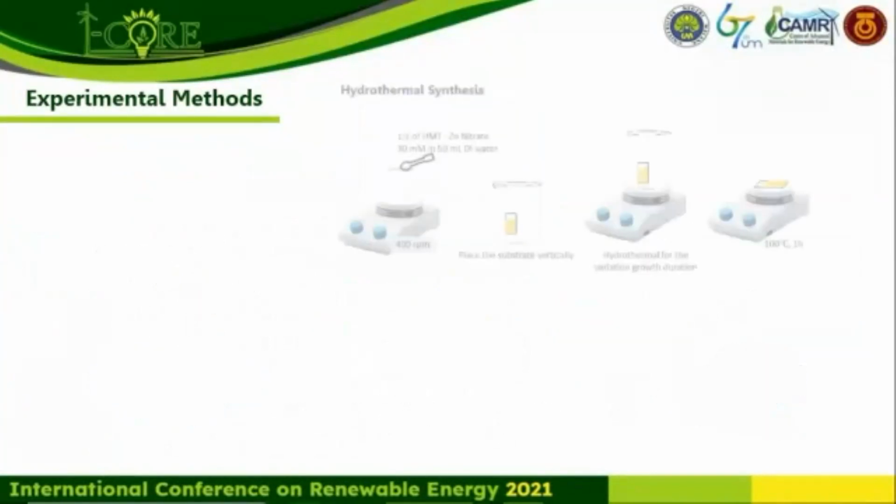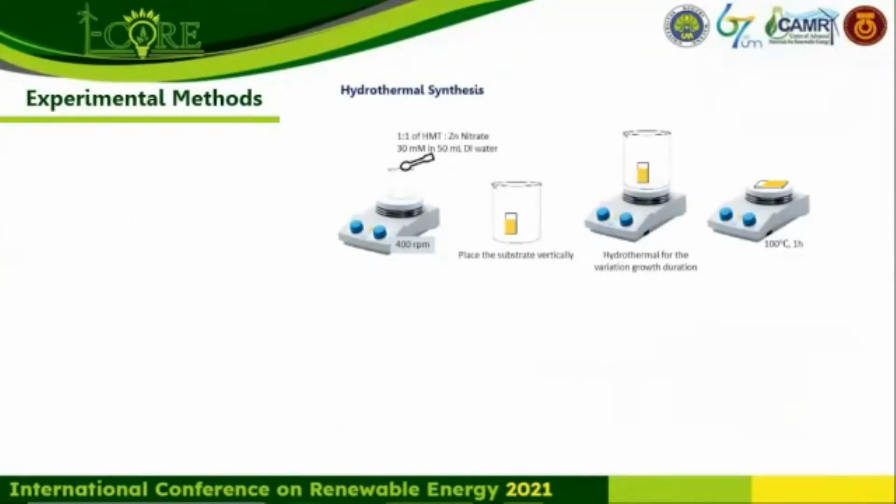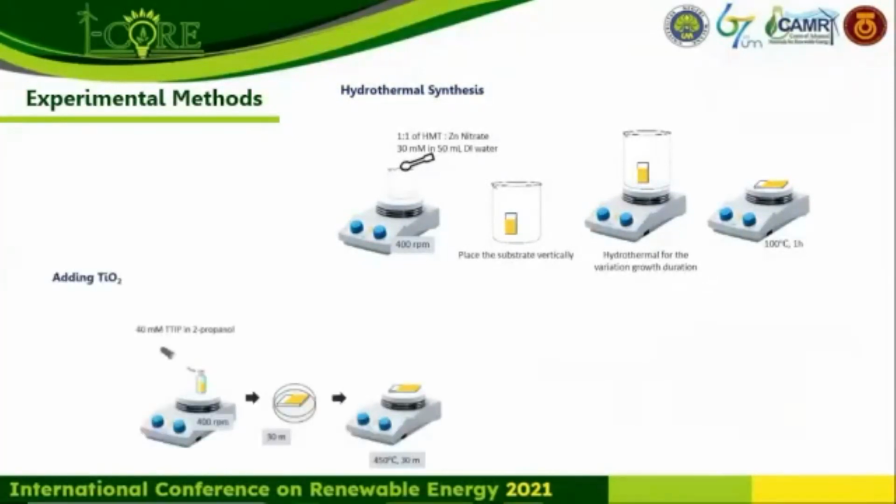After that, before we start the hydrothermal process, we make the growth solution using zinc nitrate with hexamethylenetetramine in a ratio of 1:1. And then the hydrothermal process was carried out for the varied growth durations. And the last step is to composite the film with TiO2 by using titanium tetraisopropoxide with the dip coating method.